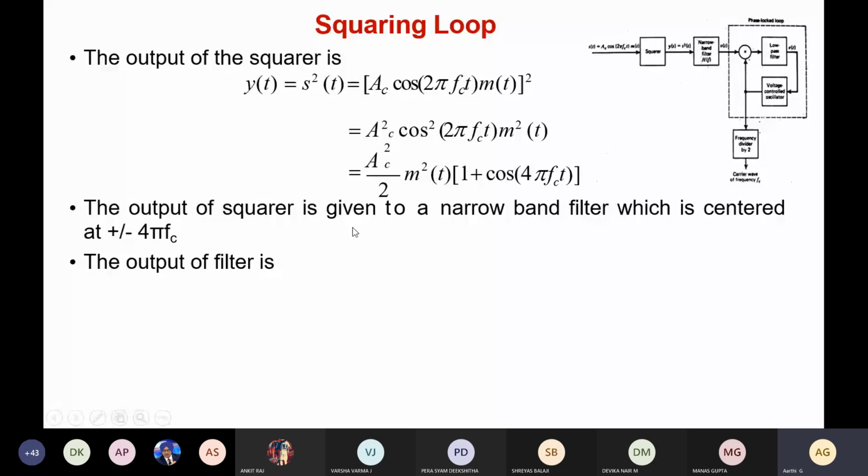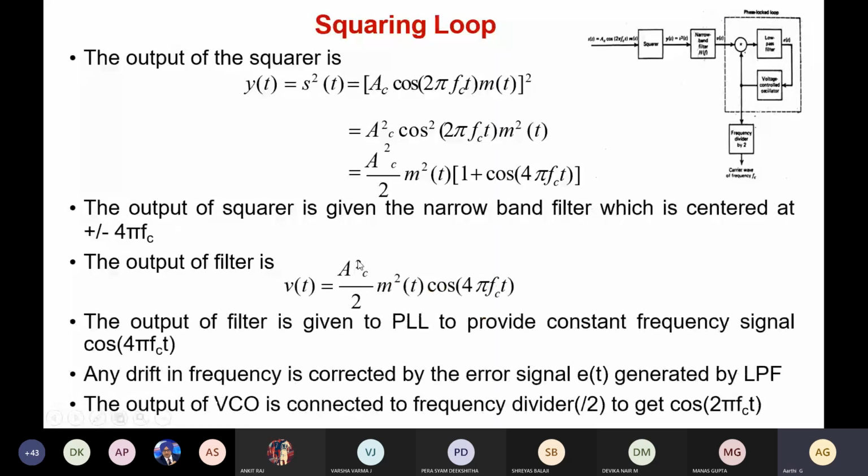So the output of the squarer is given to a narrow bandpass filter, which is centered at 4 pi fc, so that it is going to filter only this carrier component. So this output of the filter is Ac square m square of t into cos 4 pi fct. So this first term is getting removed. So we are left with only this 4 pi fct term. So this output is given to a PLL to provide a constant frequency signal.